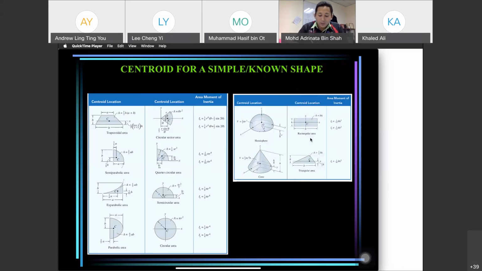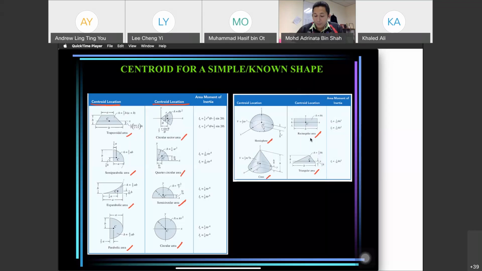So this is the centroid location for the shapes: trapezoid, semi-parabolic, parabolic, circular sector, quarter circular, semicircular, circular is at the center, hemisphere, cone, rectangular, triangular.